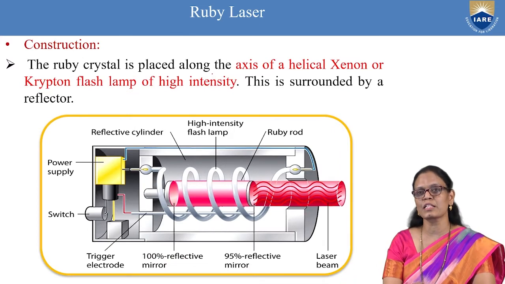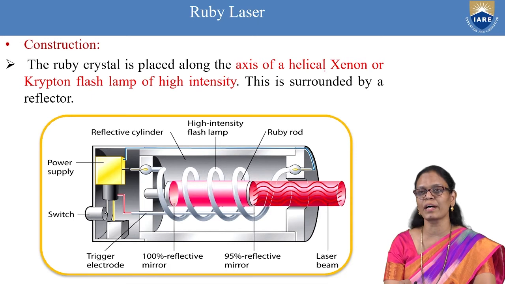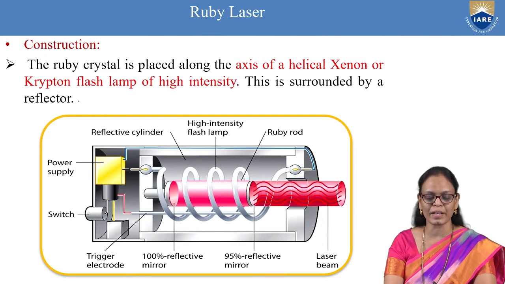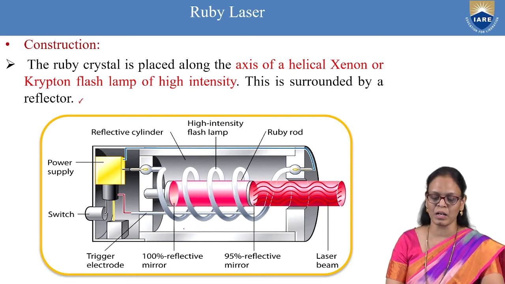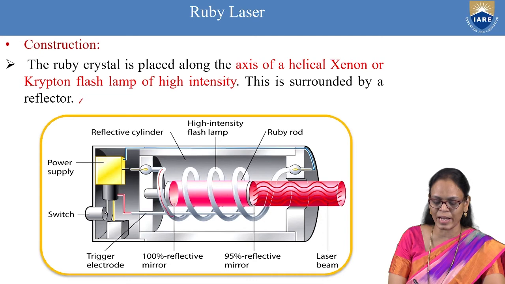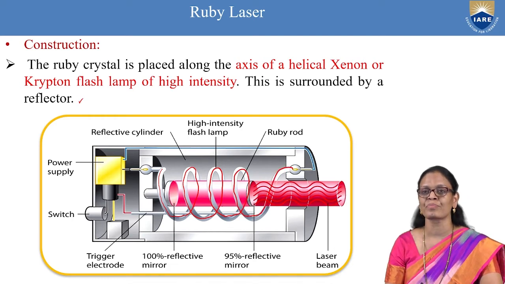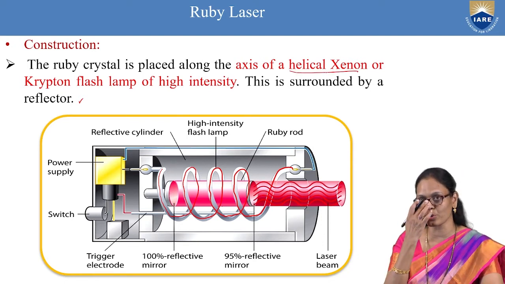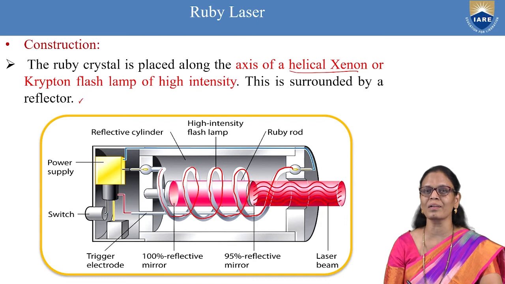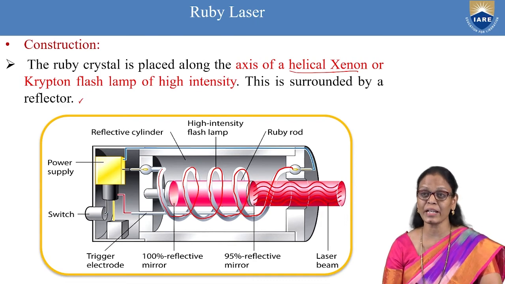Now this ruby crystal is placed along the axis of a helical xenon or krypton flash lamp of high intensity, and this is surrounded by a reflector also. What is this helical xenon lamp? This is the helical lamp, a spring type. So this is the flash lamp. Helical xenon means the flash tube, which is filled with xenon or krypton gas with high intensity.